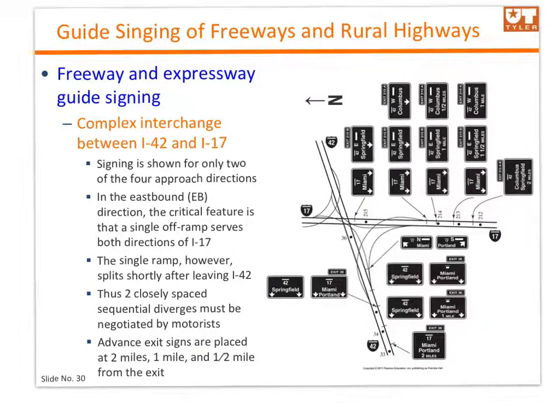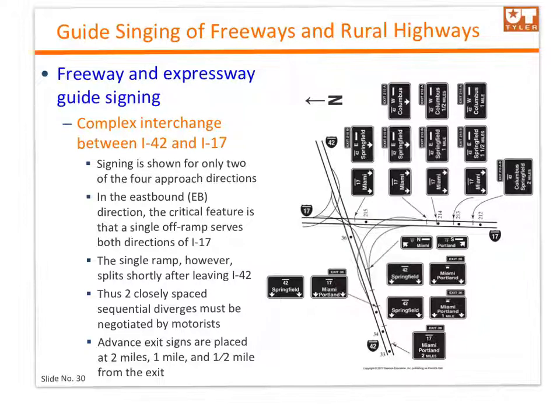So eastbound means I'm trying to go to the east, right here. So this ramp here, the critical feature again is that the off ramp serves both directions on I-17.